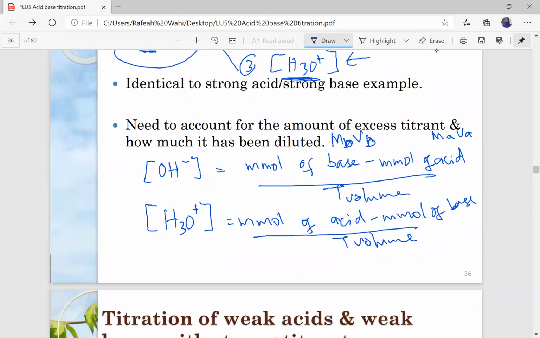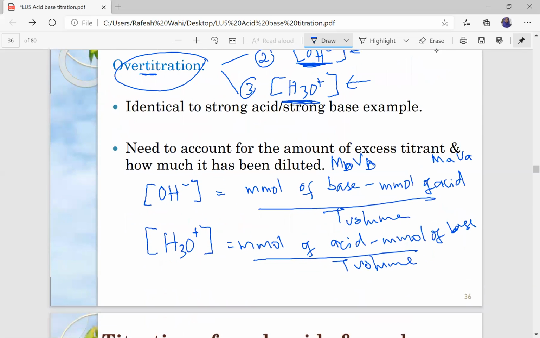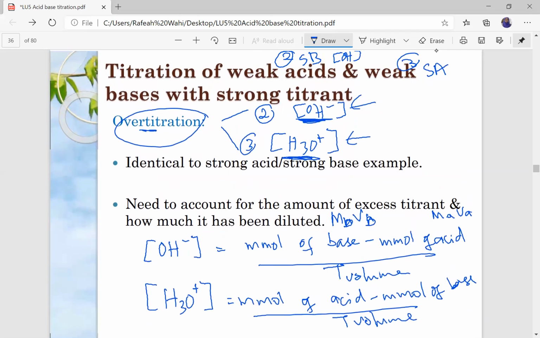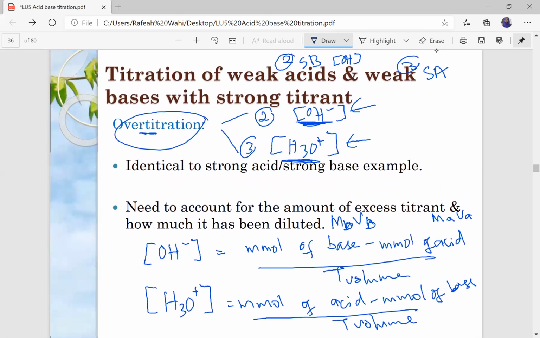So what did you get for your notes now? You get a different formula for case number 2 and case number 3. So now we have learned 3 cases or 3 types of acid and base titration. Case 1, titration between strong acid and strong base.